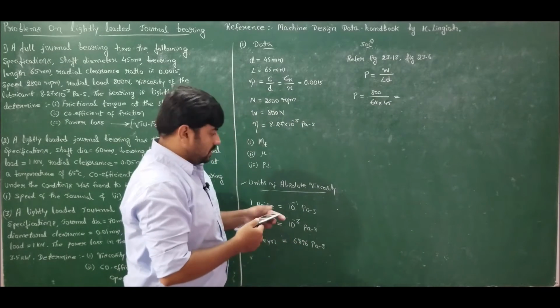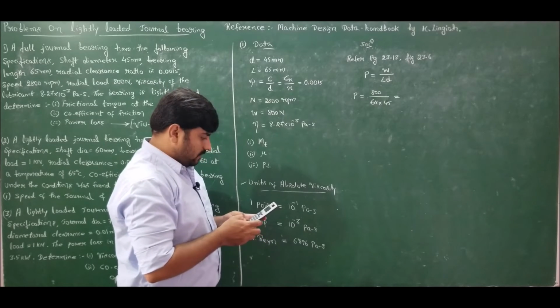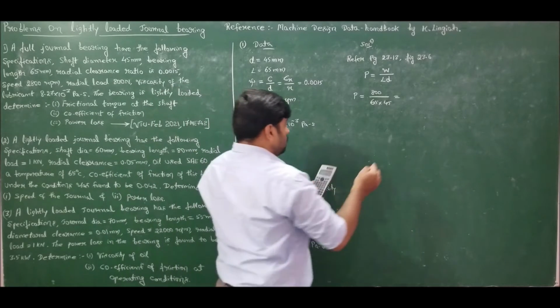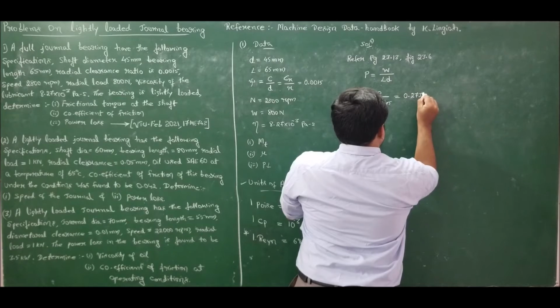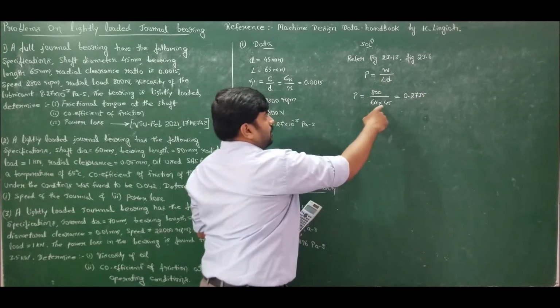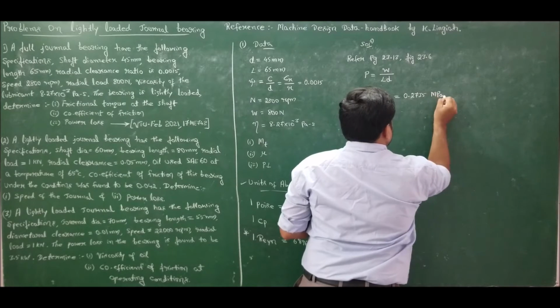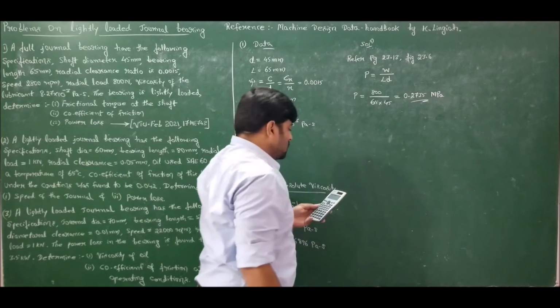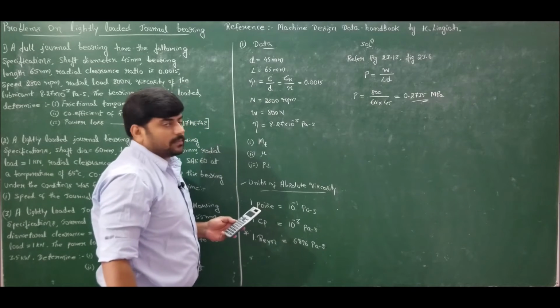So therefore I will end up with 800 divided by 65 into 45, which is turning out to be 0.2735 Newton per millimeter square, which is nothing but megapascals.